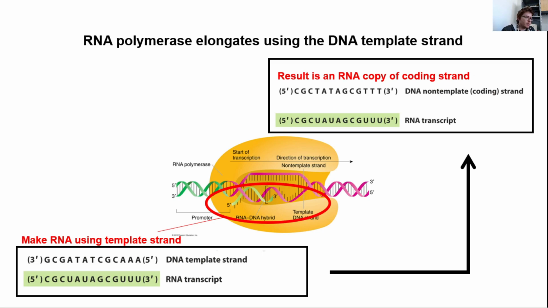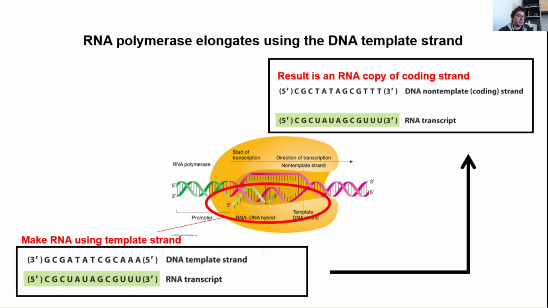And regardless of whether you're prokaryote or eukaryote, once you've bound to your promoter and you melt that double-stranded DNA segment to make this bubble, then the polymerase is going to enter this elongation mode in which the DNA template strand serves as the source on which to synthesize your RNA. And it should be obvious why only one of these strands is used.